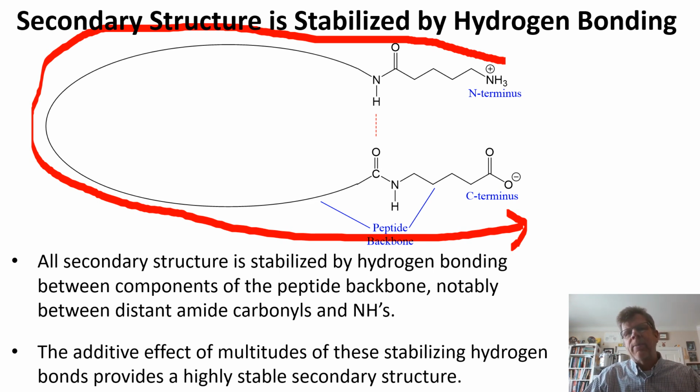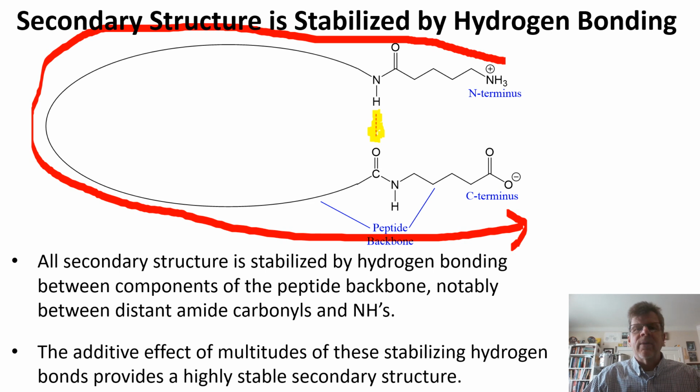You know, the amide backbone has NHs, and it also has carbonyl groups, and we get a hydrogen bond, if you will, between the oxygen on a distant carbonyl and an NH hydrogen on a distant amide nitrogen, if you will.